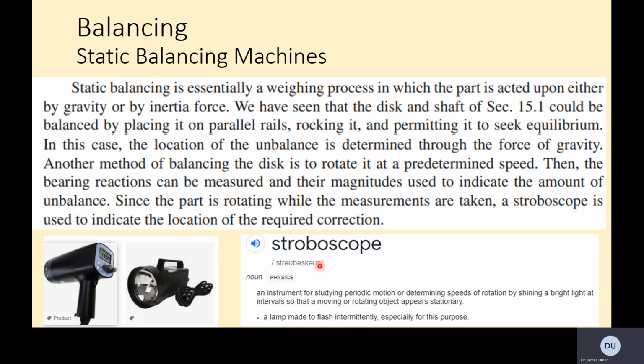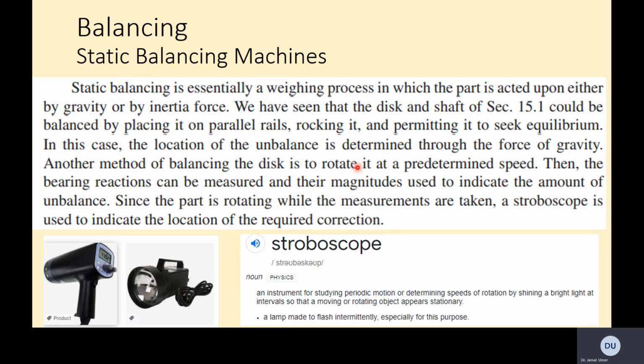I will repeat again: it flashes the light with the same frequency as the part is moving. The frequency of the part, or number of revolutions, is the same as the flashing light. This helps you see the part as if it is static. Then you can find where the inertia point is by marking on it, and find where the unbalanced loads are.